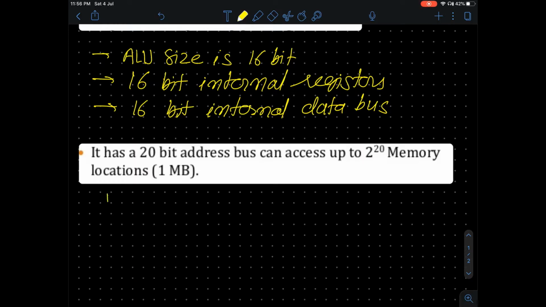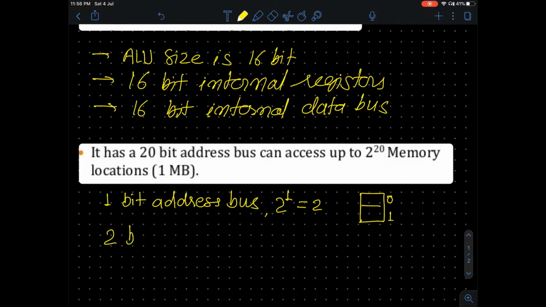Now, suppose we have a 1-bit address bus. With the help of this we can address 2 raised to the power 1 equals 2 locations. Here the 2 locations, one we will call 0, the other we will call 1.